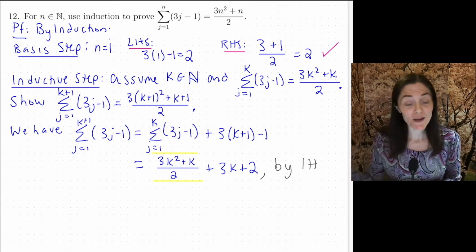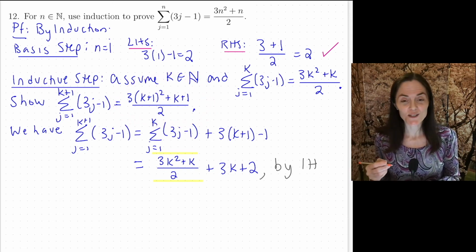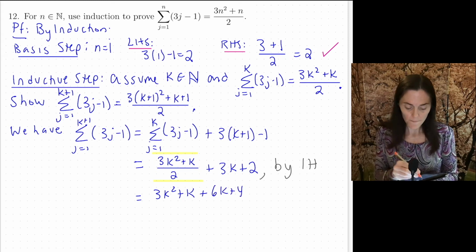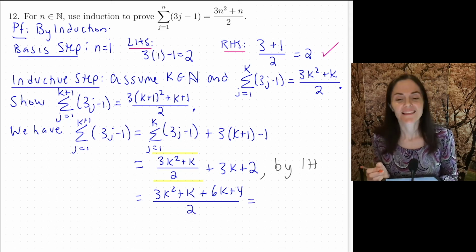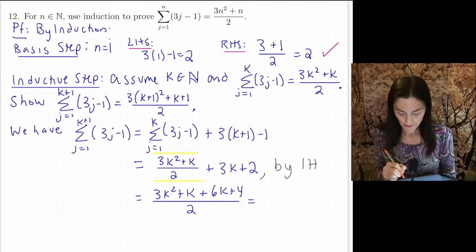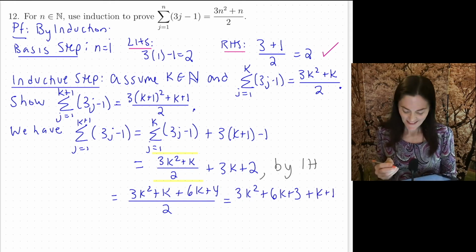Now I can look at where I'm trying to go. I want here some expression all over 2. So let's get a common denominator. This would be 3k squared plus k, and then I have 6k plus 4 all over 2. Now again, you see, let's pull off a k plus 1. This would be 3k squared plus 6k plus 3, and then plus k plus 1, okay?